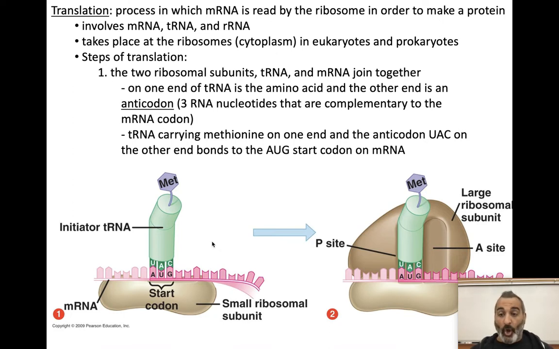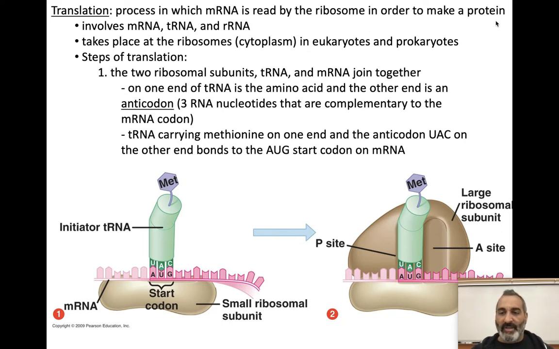You're taking the code, which was turned into messenger RNA, and you're taking that mRNA, that code in the messenger RNA, and it is being read by a ribosome, and the ribosome is this brownish tan area on the bottom here and up top here. It's being read by the ribosome, and it gets converted into a protein, or technically a polypeptide first, and then that becomes a protein.